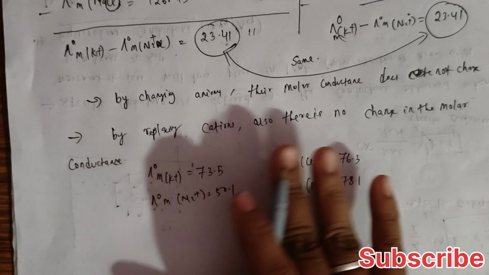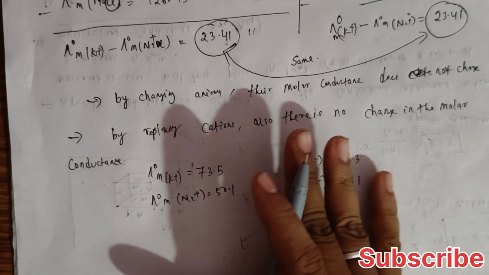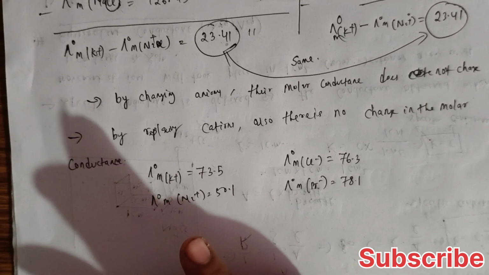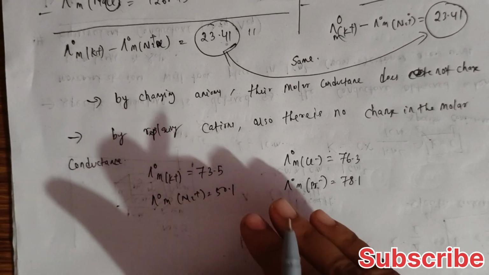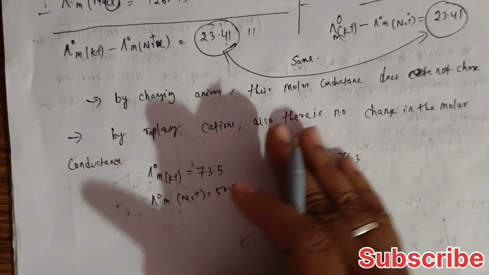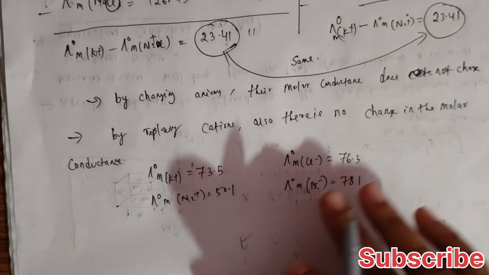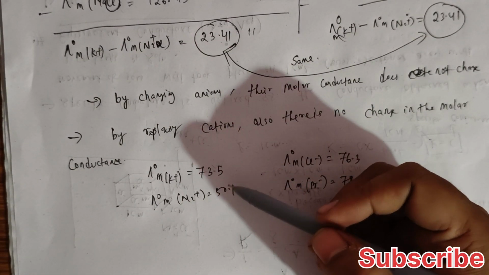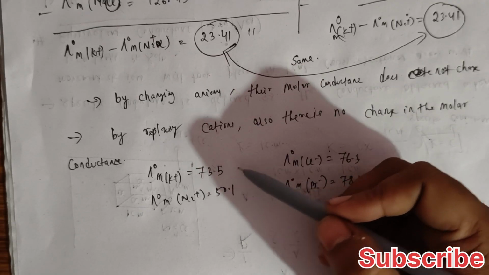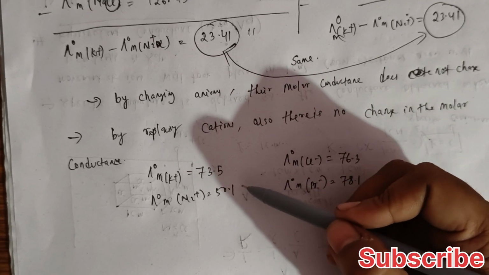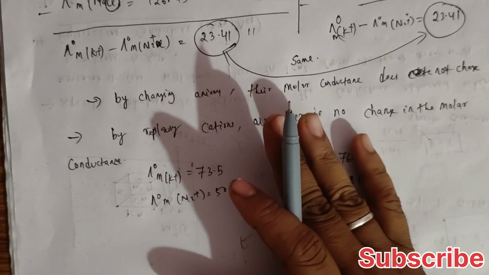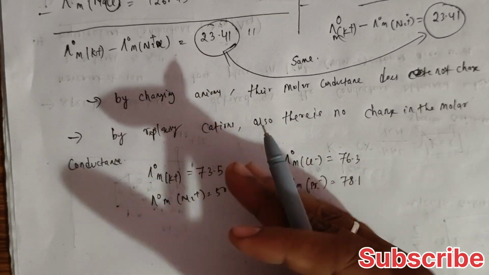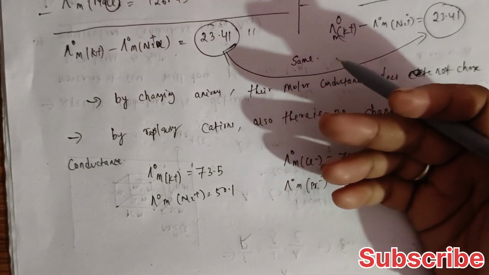From all these values we can clearly state that in the case of both anions and cations, there is no dependency in their molar conductance. That means anions and cations do not depend upon each other in their molar conductances. By replacing either of them, we don't observe any change in the other's molar conductance.